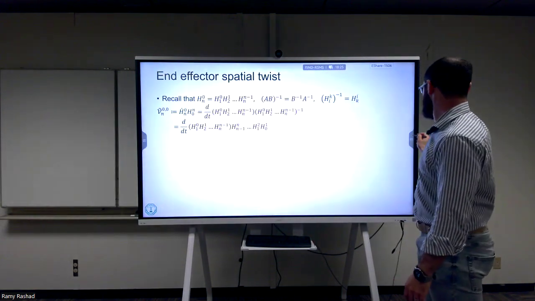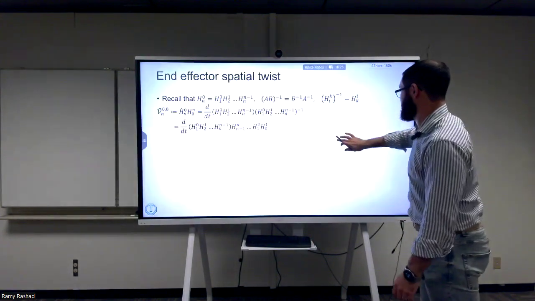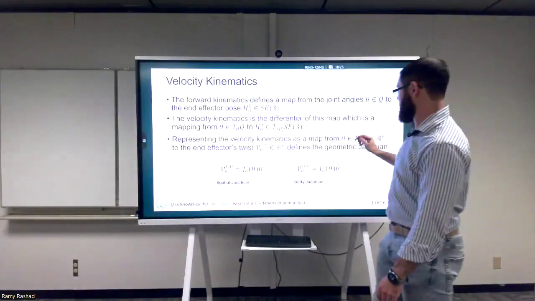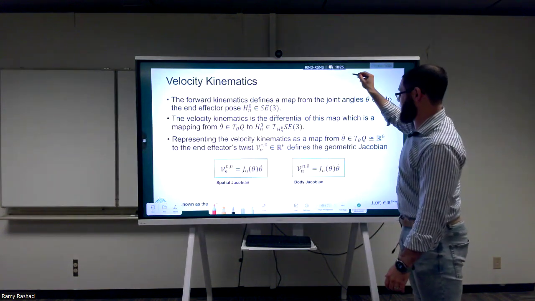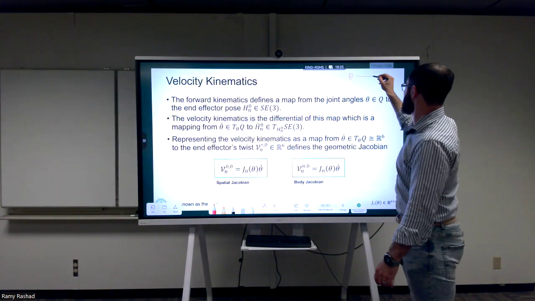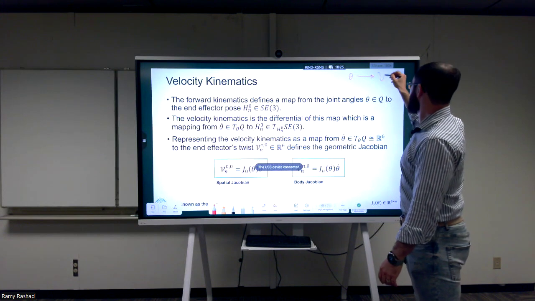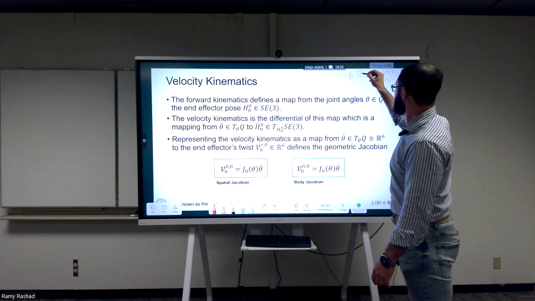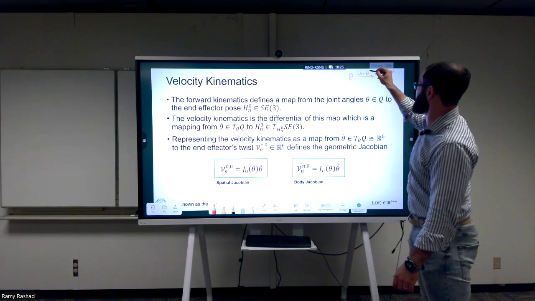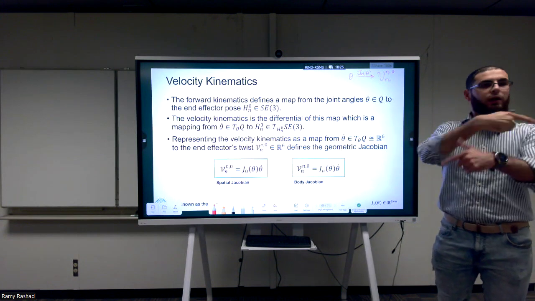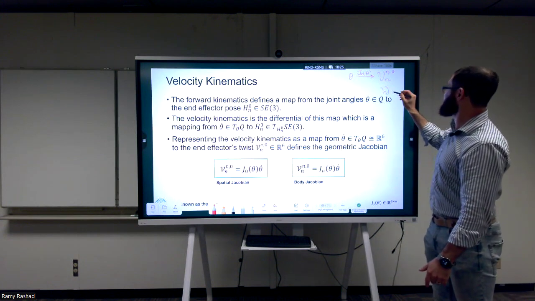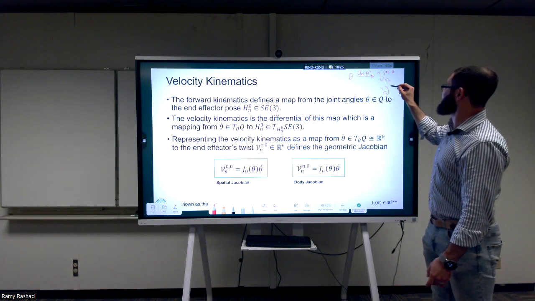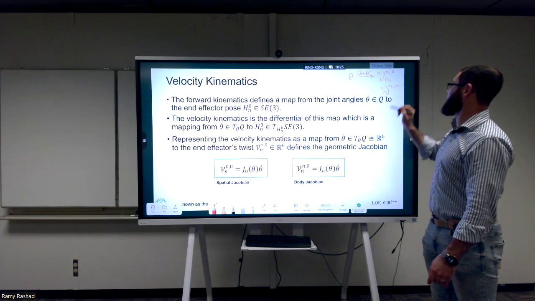Let's annotate. So we have that. I go from theta dot to V_n^{0n} by the Jacobian, as a function of theta. Then the dual of this twist is something that's applied on the body, expressed in the n frame.